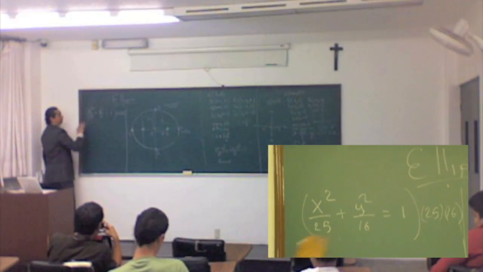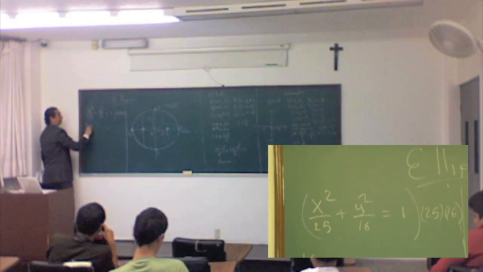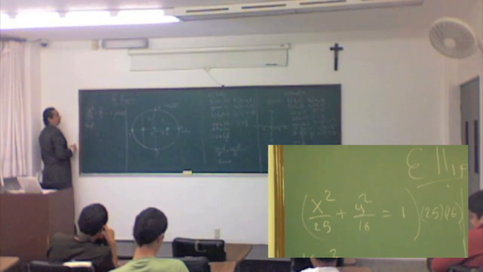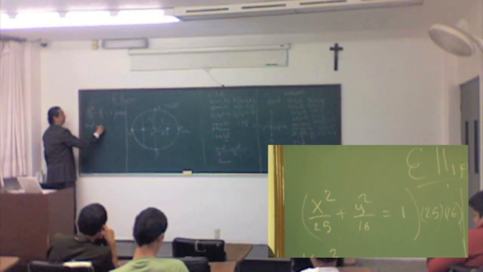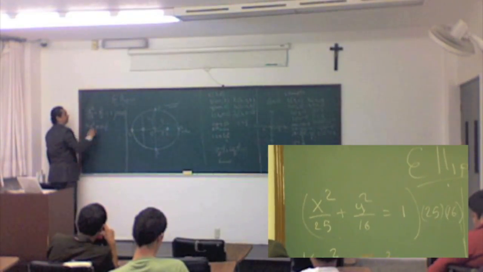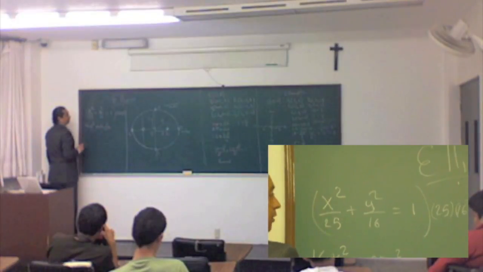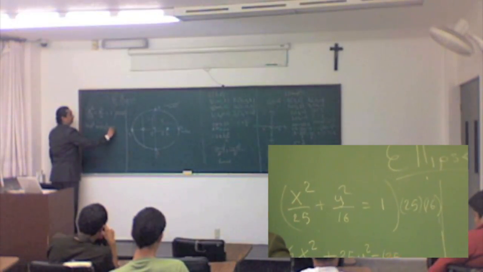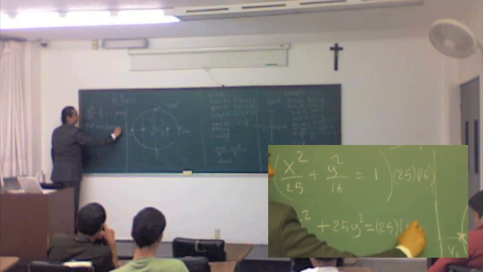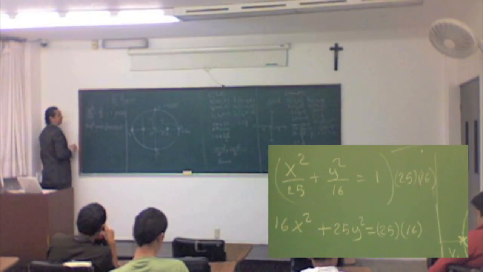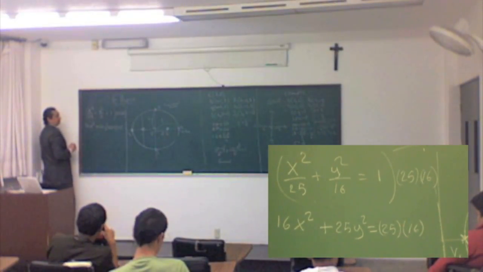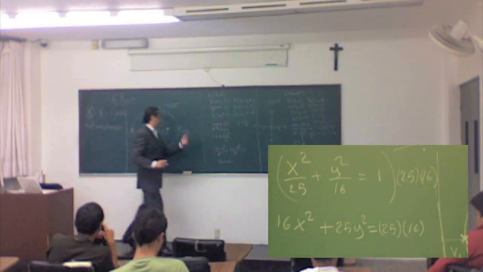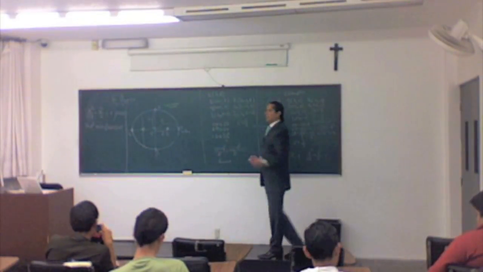This equation is 16x squared plus 25y squared is equal to 25 times 16, which is equal to 400. Okay.